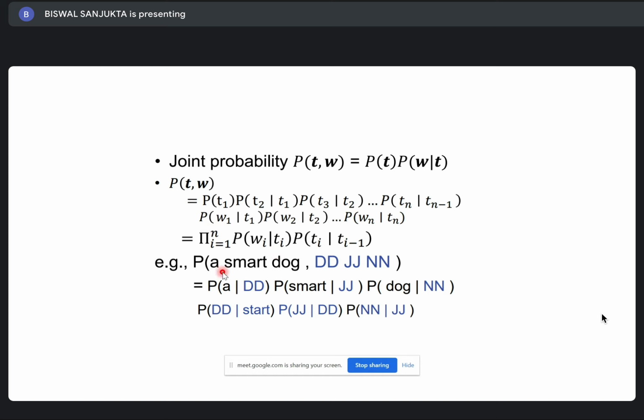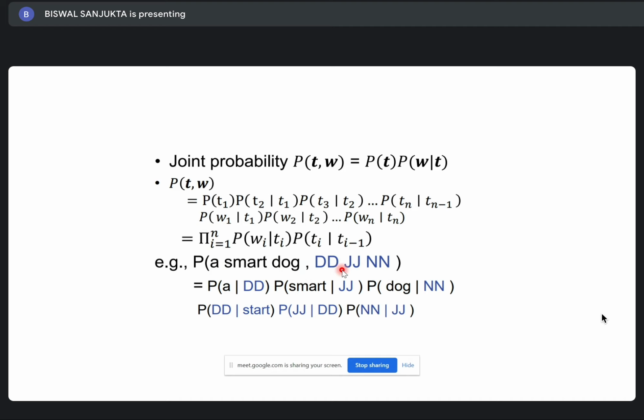Okay, so if I take this example, let's say I have a sentence, a smart dog. It is a complete sentence. I am interested to find the probability of the tag sequence DT JJ NN given the sentence a smart dog. It is actually written as a joint probability, but for easier understanding you can think of it this way.